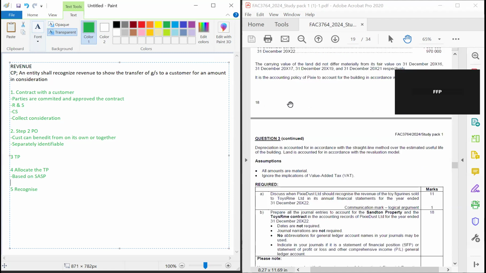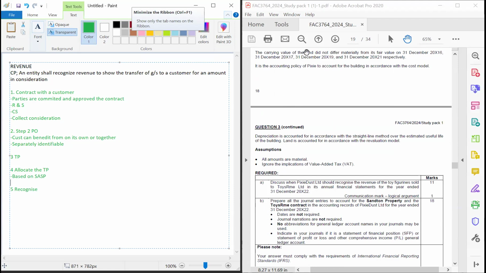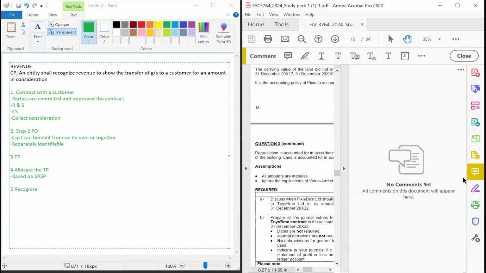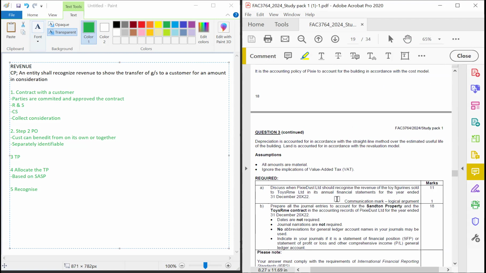Okay, so the first thing that you must do before you start reading the scenario is to read the required. You must understand what you are dealing with, right? You must understand from which perspective you should answer, right? So we will be looking at the required A and B, right?